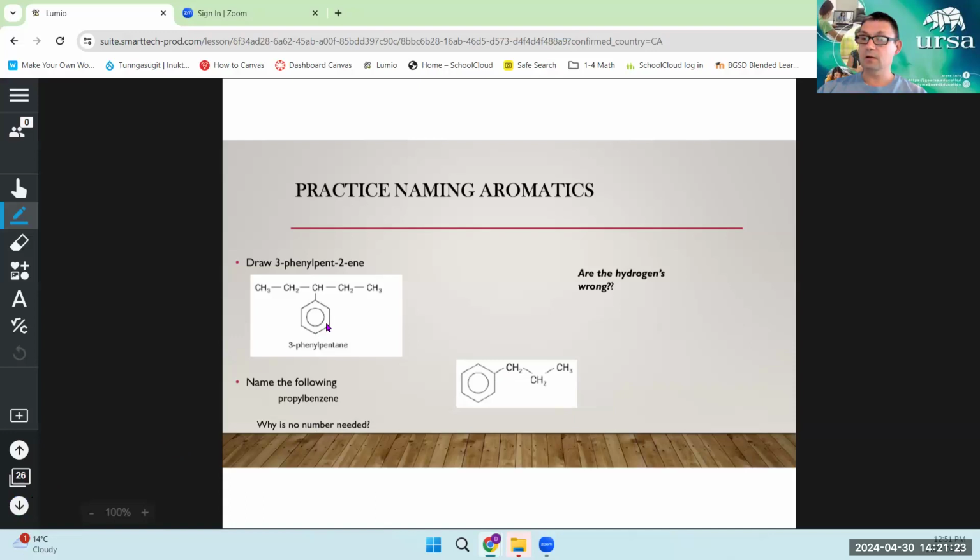Now, is there a mistake here? Well, the double bond isn't there. This wouldn't be CH2, CH2. This would be CH2, CH. Because this is 1, 2, 3, with a double bond, it must be a CH.